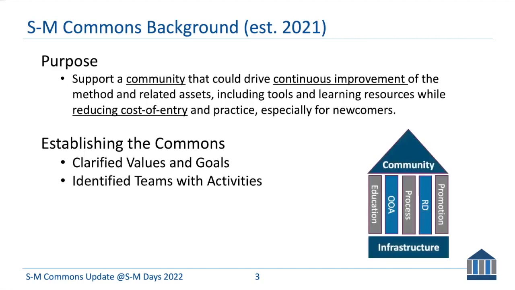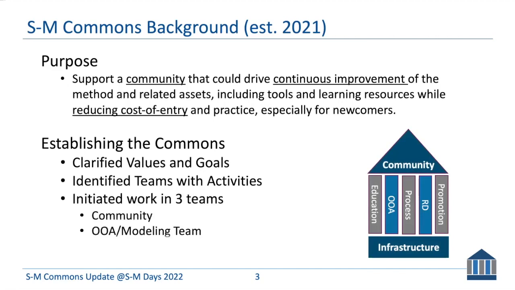This led to the temple logo, with the roof being the community, the pillars, the key method-related activities, and the foundation being the operational infrastructure. And finally, we initiated work in three key areas: the community, OOA modeling, and RdTooling to get things going. And with this, we were off and running.